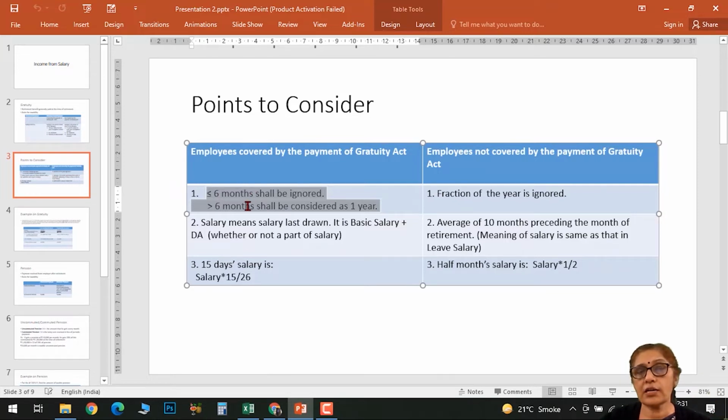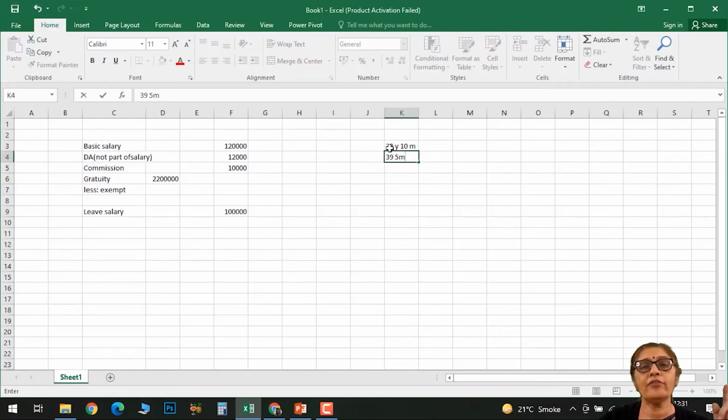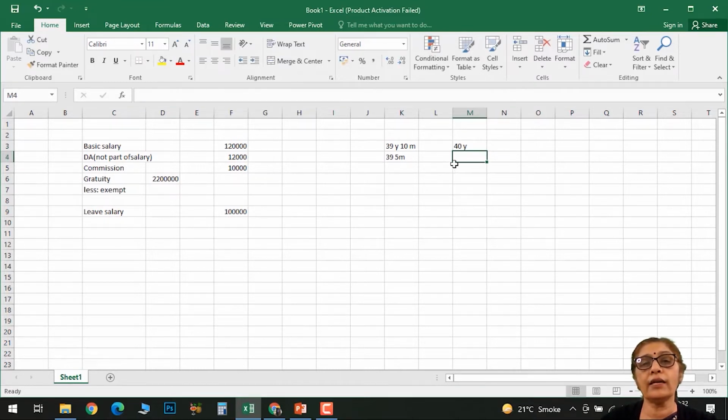But if your service has more than 6 months to your credit, in addition to the completed years, that would be considered as 1 year. So, if you are covered by the Payment of Gratuity Act and you have a service of 39 years and 10 months, then your service would be counted as 40 years. More than 6 months, 1 year. But if you have worked for 39 years and 5 months, your service would be considered as 39 years. Then we ignore the months.